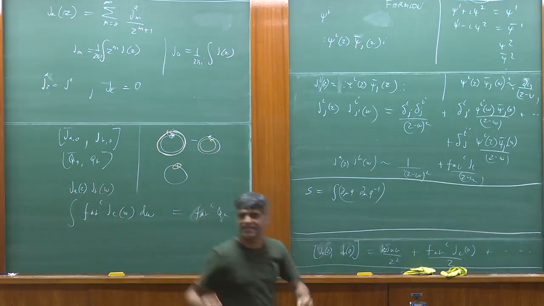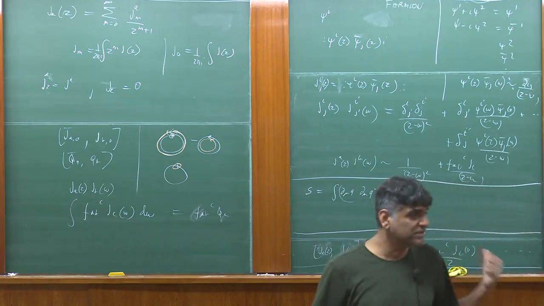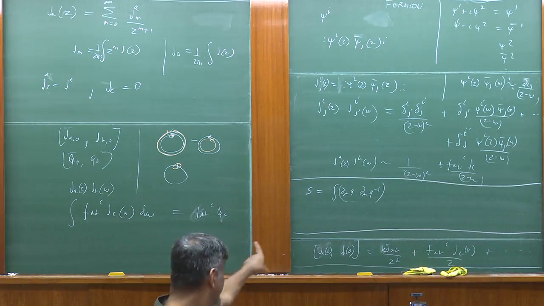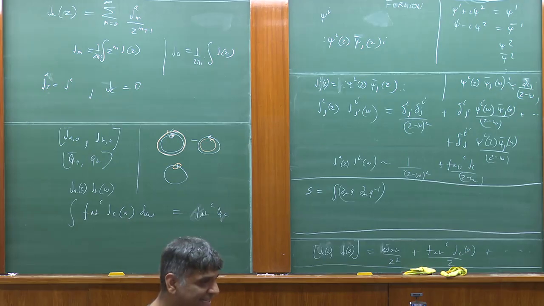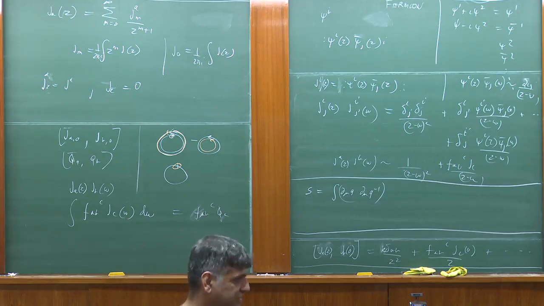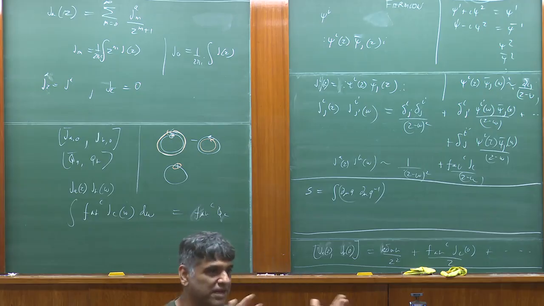Let me just say in words and then we can continue in the next class. What you do is if you work out the equation of motion for this action here, you find that it's not the case that you get that the currents for the two different charges are holomorphic and anti-holomorphic. Okay, you have current operators that are both holomorphic and anti.